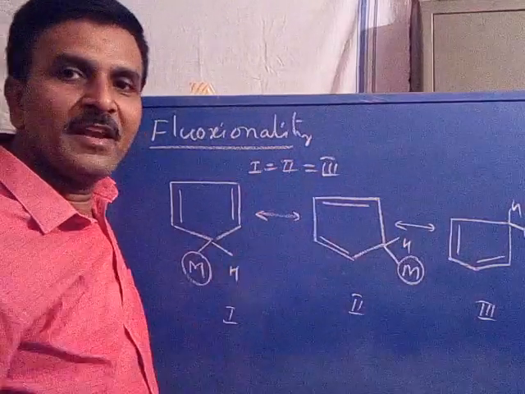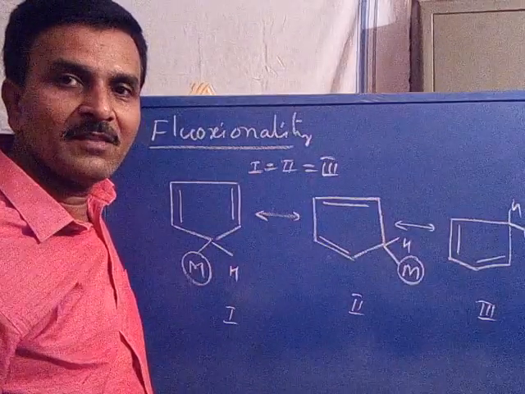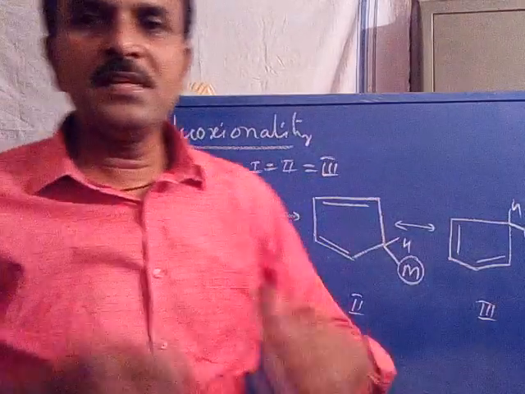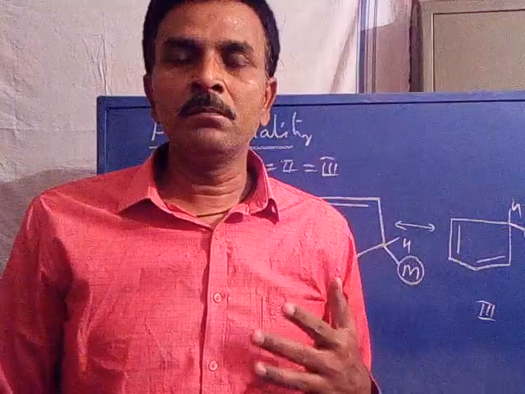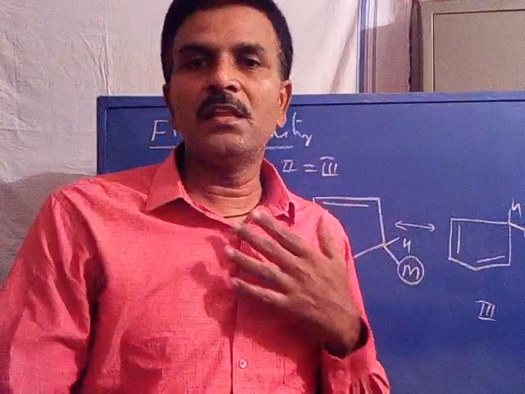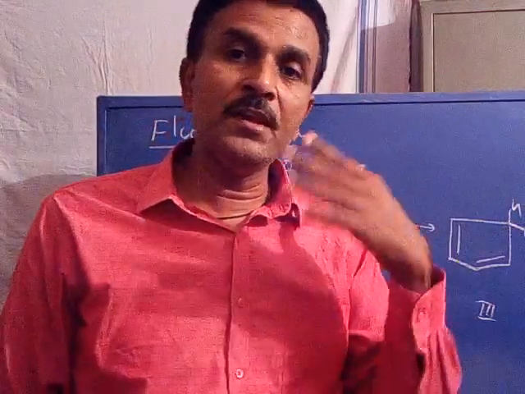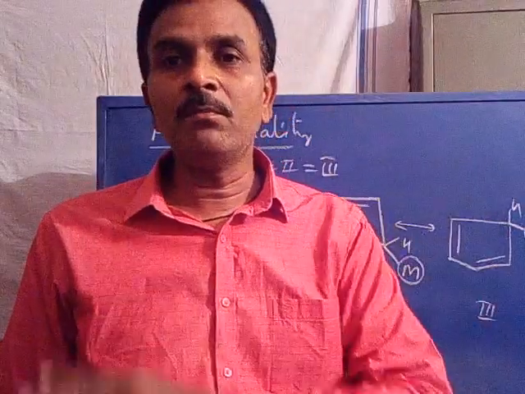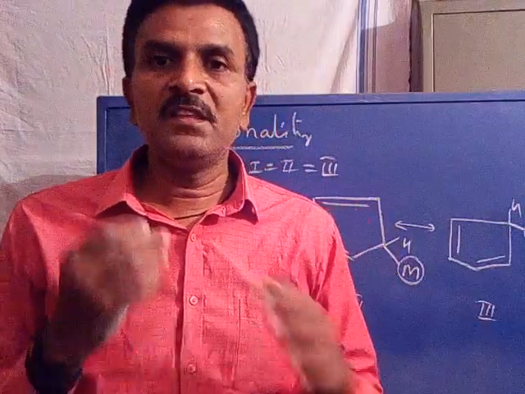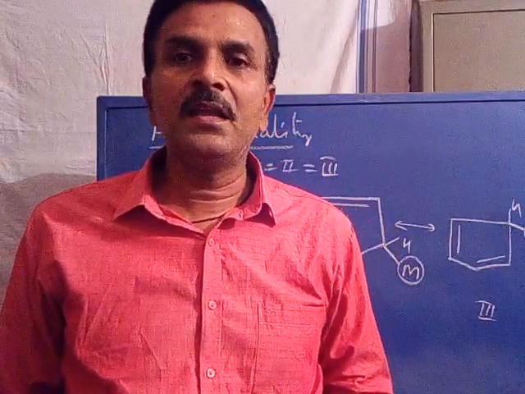Now this behavior is called fluxionality. What is fluxionality? Exchange of an atom or group of atoms from one position to the other position within the molecule leading to an isomer the same as the first one. This behavior is called fluxionality.